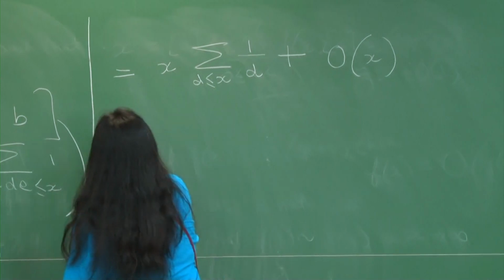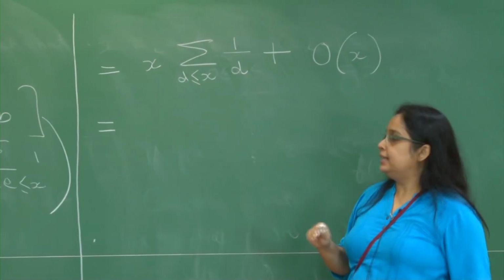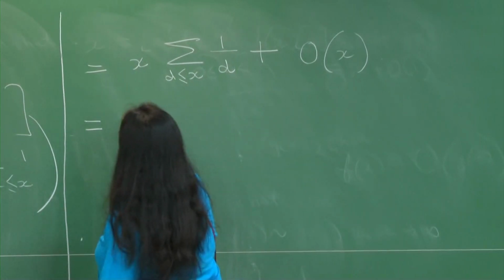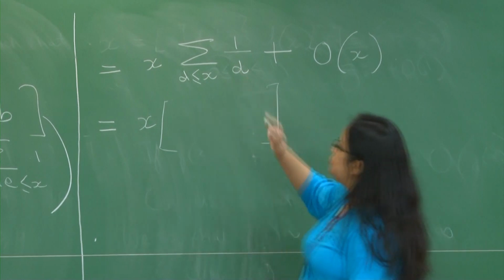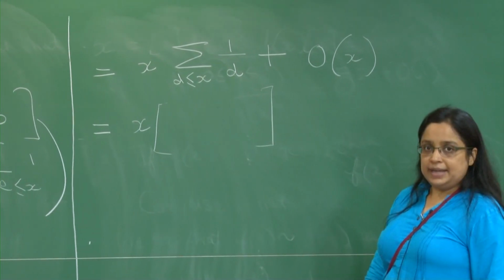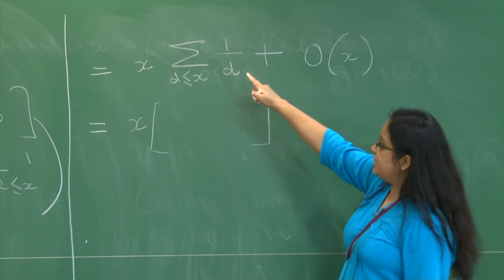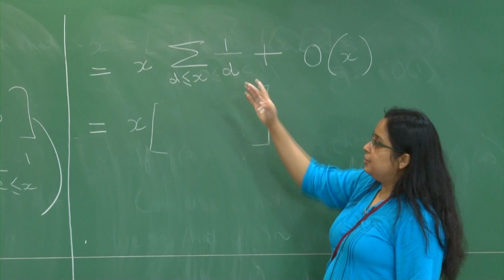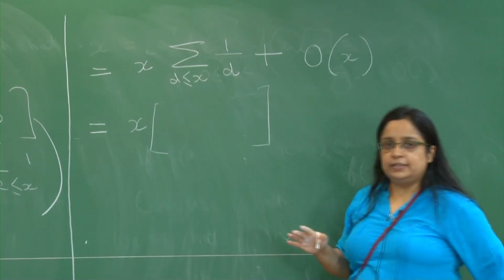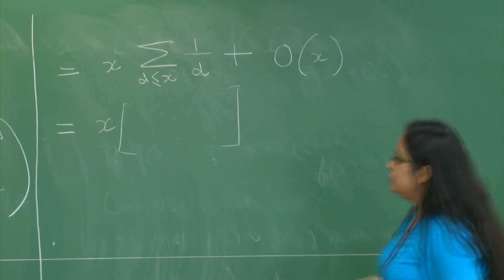And by your integral test that we discussed in our last lecture, this sum is very close to log x. In fact, you can compare this sum to the integral of 1 by t dt from 1 to x, with a small error term which is absolutely bounded above by some constant.